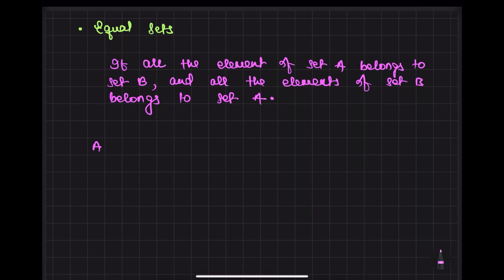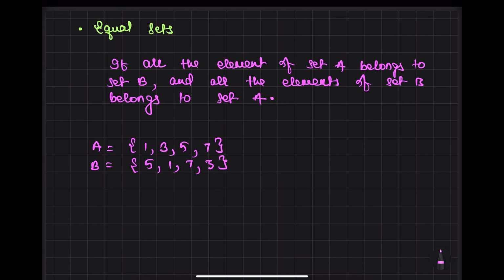Like suppose that set A contains 1 3 5 7. Suppose that there exists set B which contains 5 1 7 3.